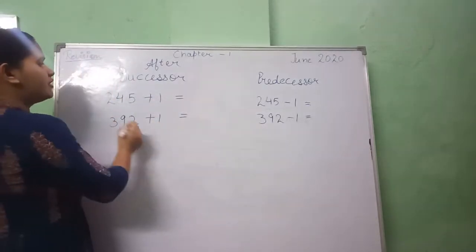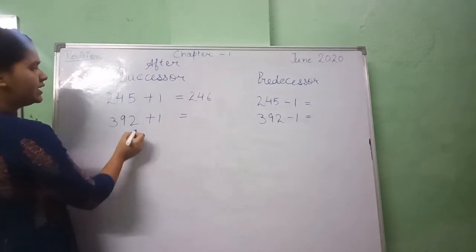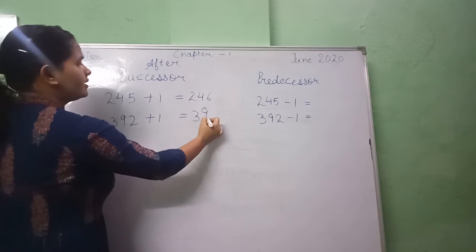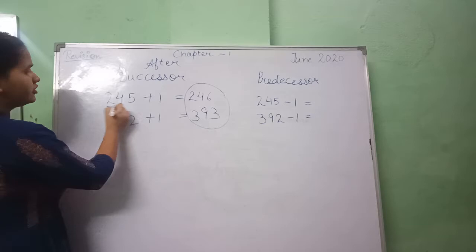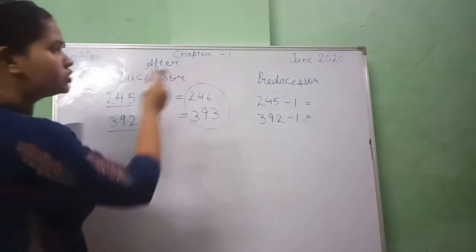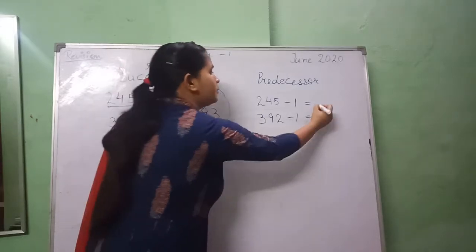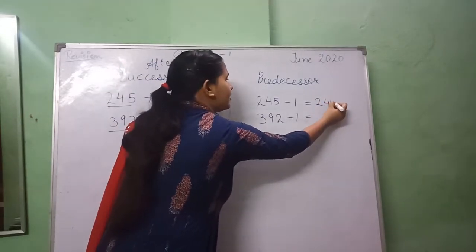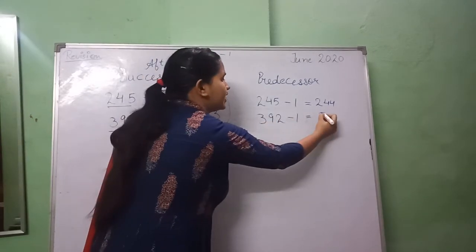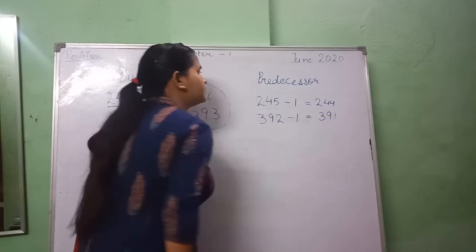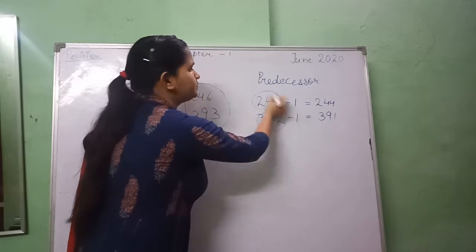When we add 1 to 245, we get 246, and when we add 1 to 392, we get 393. In this way we get the successors of these numbers, right? Now when we minus 1 from 245, it becomes 244, and from 392, it becomes 391. So these all are predecessors of these numbers, right? Hope you all got it.